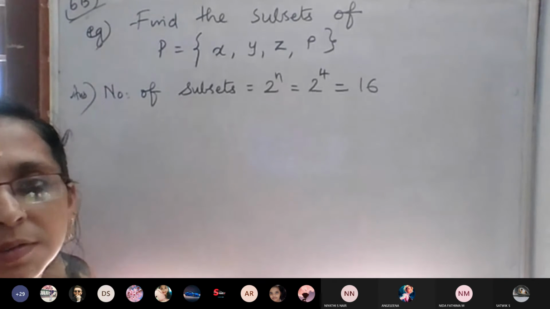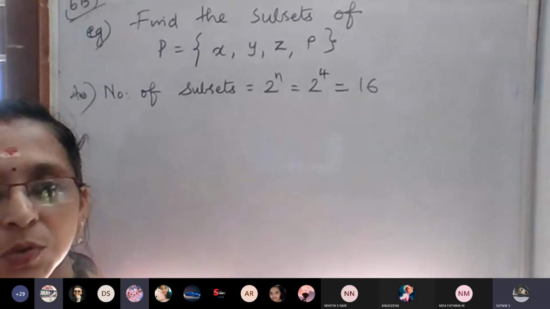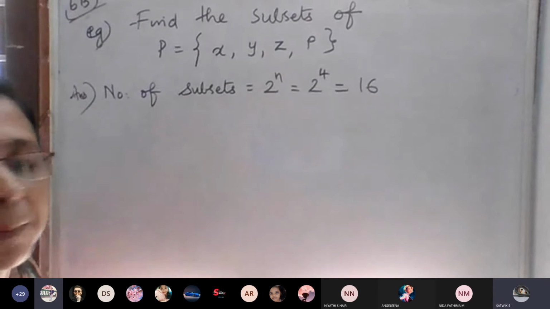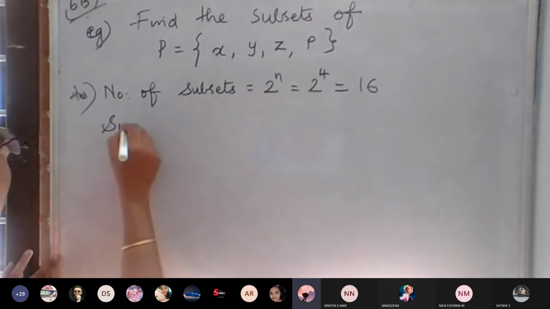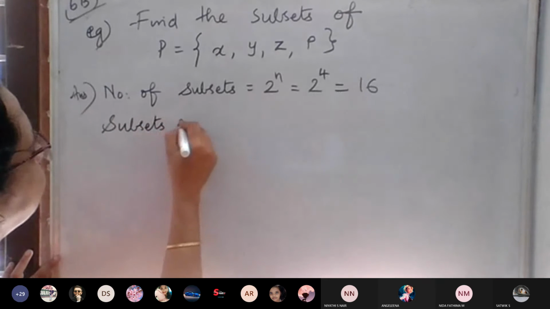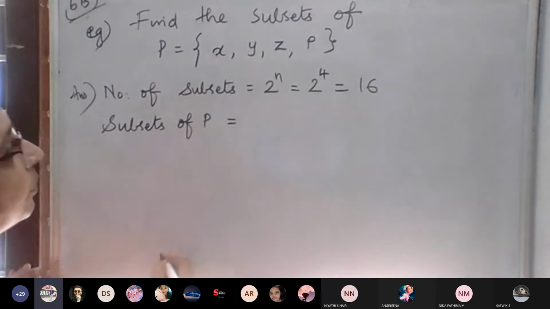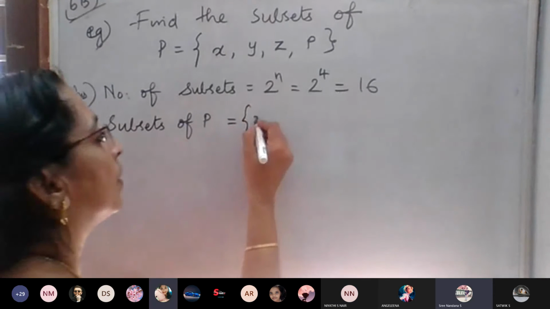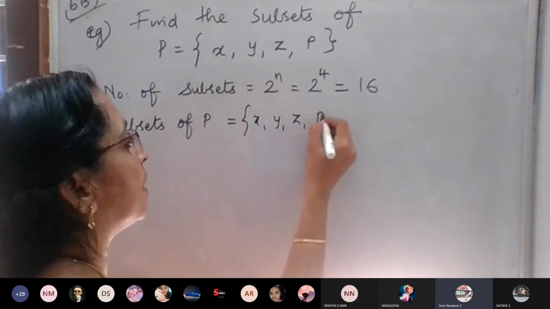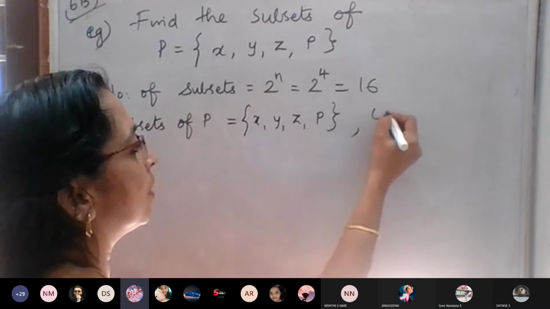I won't write. You want to write. Subsets of P, P is equal to set X, Y, Z and P. Set P, then comma, null set.